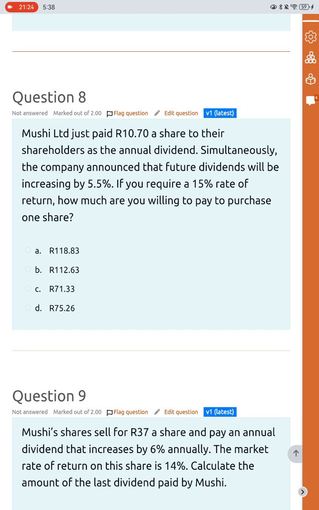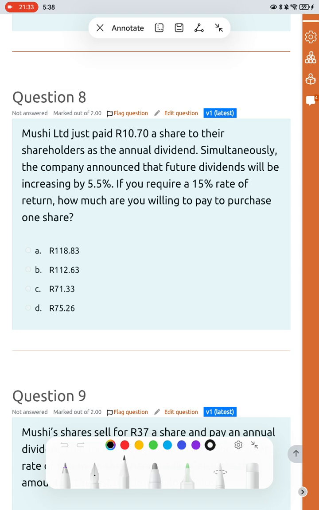Question 8. So Mushi paid 10 Rand a share to their shareholders as the annual dividend. Okay. So this is D. Simultaneously, the company announced future dividends will be increased by 5.5% with a required rate of 15% return. How much, if you require 15% return, are you willing to pay to purchase one share?